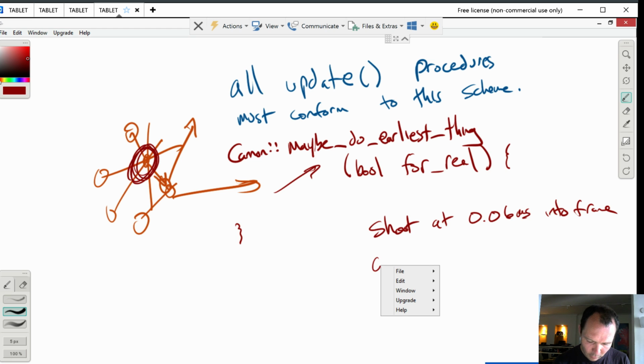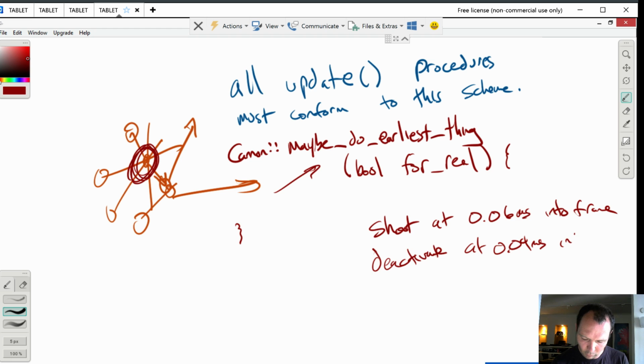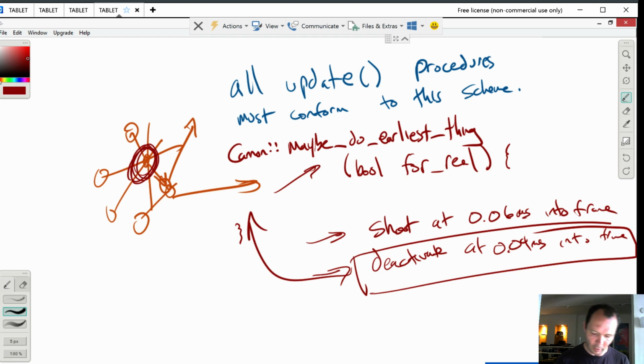It would deactivate at 0.04 milliseconds into the frame. Whatever. You have to go through your possibilities, right? And pick one and return it if you want to be correct, right?